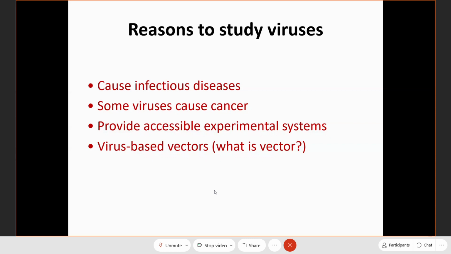Very different sizes. All viruses are nanoparticles. Anything at that size, we call it a nanoparticle.